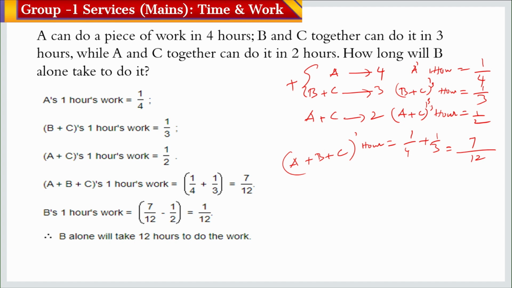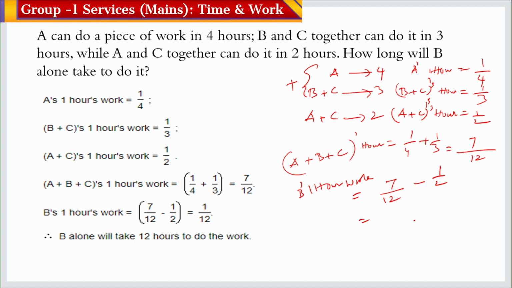Now, what we require is how long B alone will take to do it, correct. Now we want to know B's work. B's 1 hour work, how to get it? A plus B plus C 1 hour work is 7/12. A plus C 1 hour work is 1/2. So, when you consider 7/12, A plus B plus C 1 hour work, minus A plus C 1 hour work, that is 1/2, it gives B's 1 hour work.